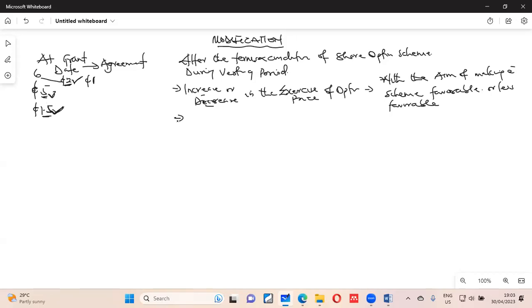So for vesting conditions, for example, you originally said that people should be there for 3 years. Now you change the conditions to 4 years. So another one will be change in vesting conditions to make it more favorable.